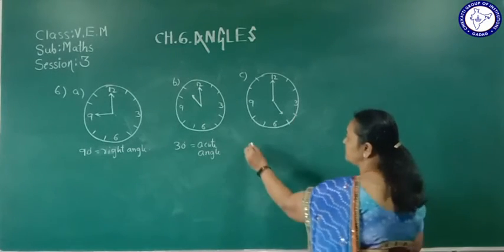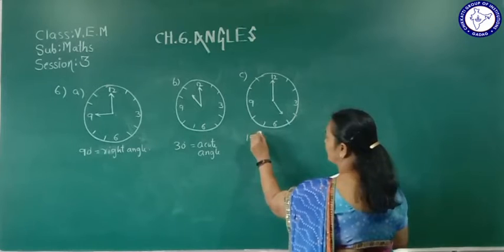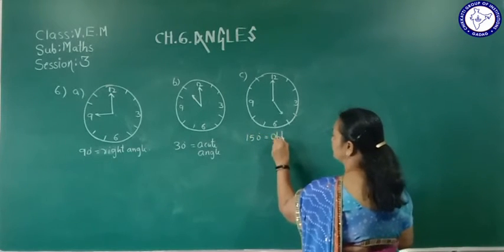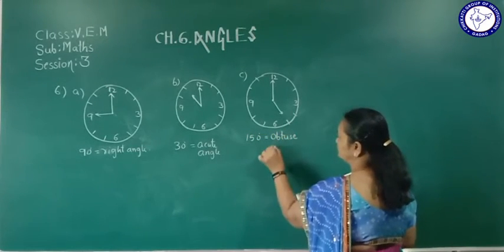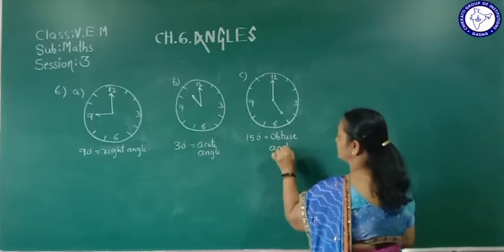So 150 degree and it is an obtuse angle. This is an obtuse angle. Okay.